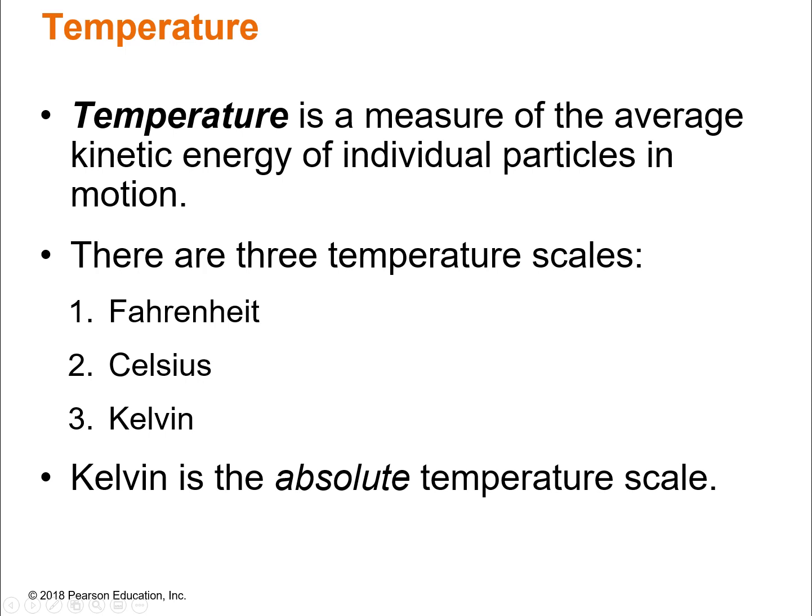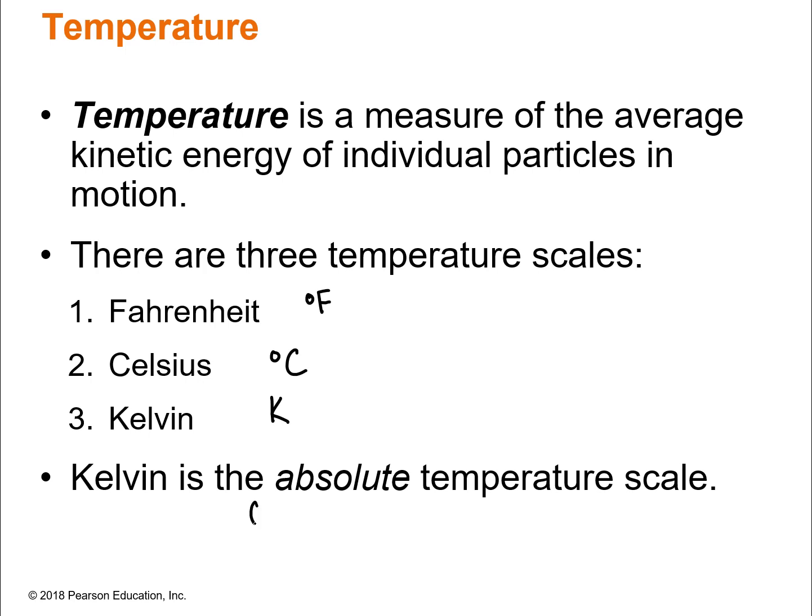Makes sense, right? There's 3 temperature scales we're going to talk about. Fahrenheit, which is represented with the degree sign and a capital F. Celsius, degree sign and a capital C. And Kelvin, which is simply a K. Kelvin is an absolute temperature scale. So it's no degrees, okay? We're just saying this is what the temperature is.